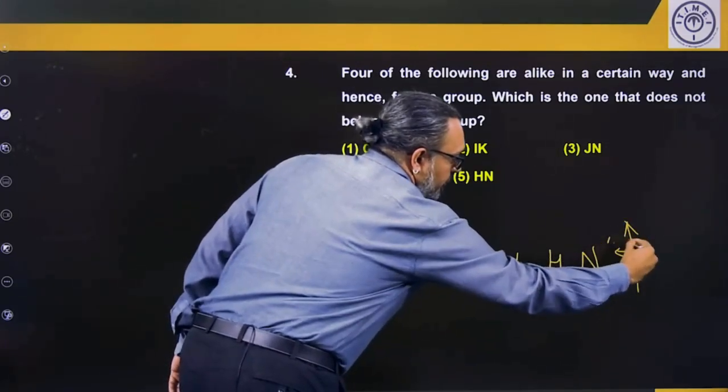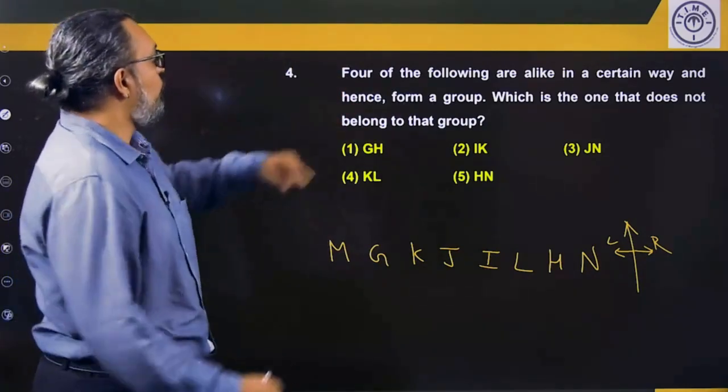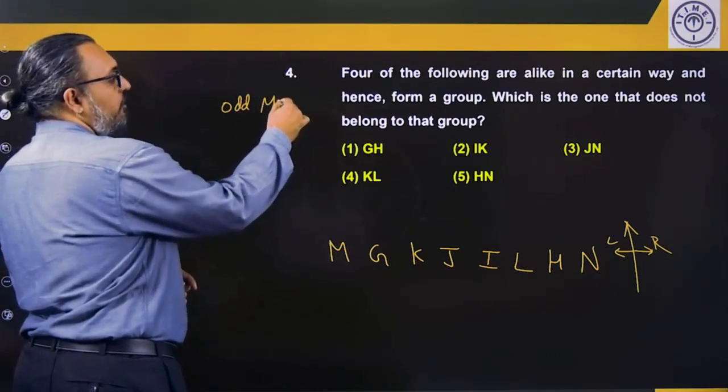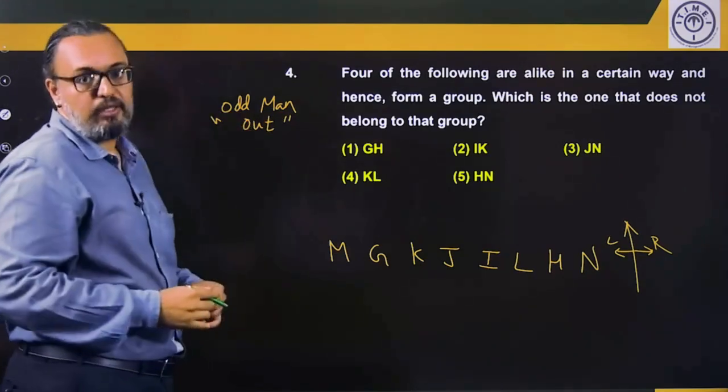So, this is our final arrangement. Now, 4 of the following 5 are alike in a certain way and hence form a group. Find the one which doesn't belong to that group. It is an odd man out format.